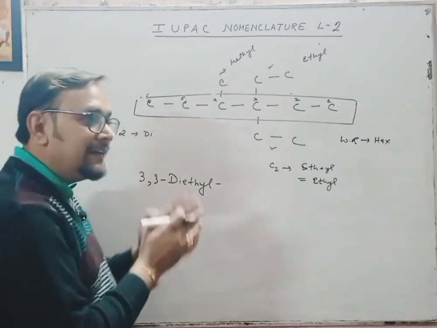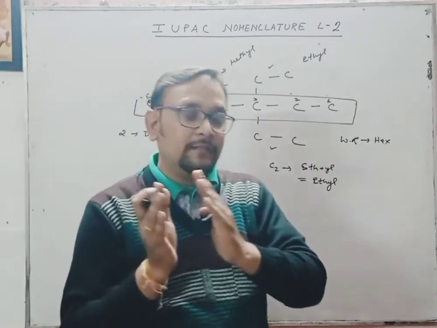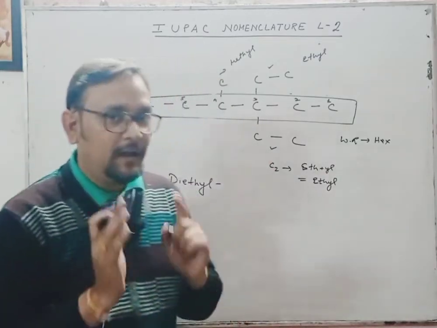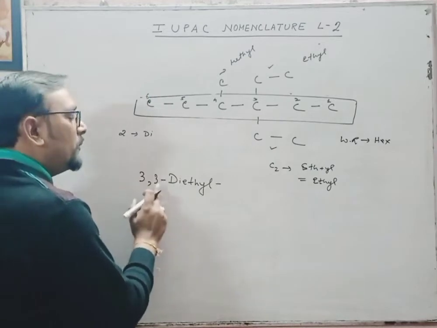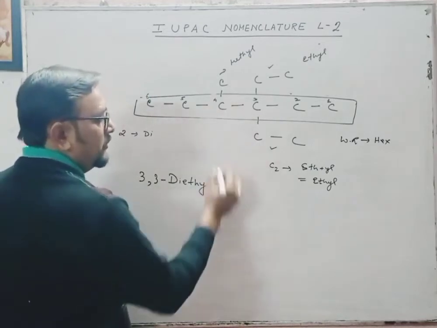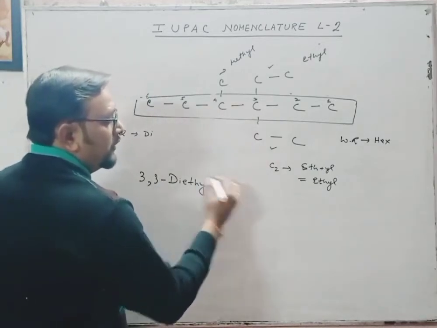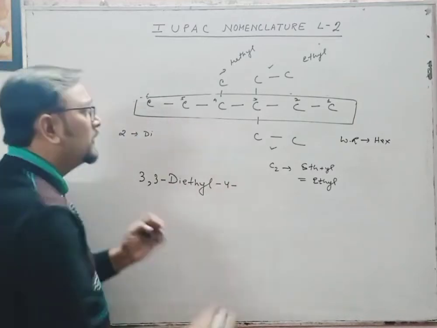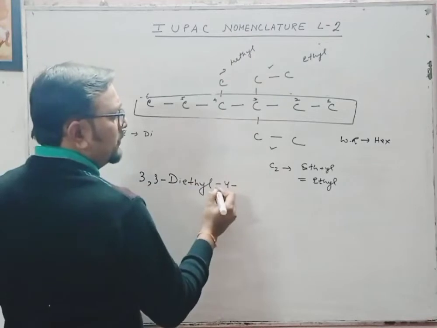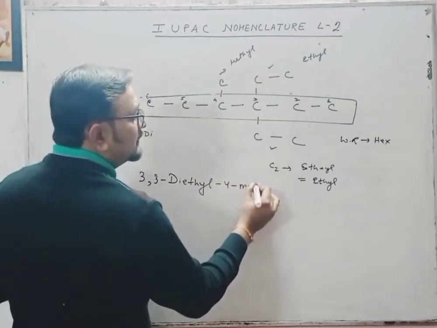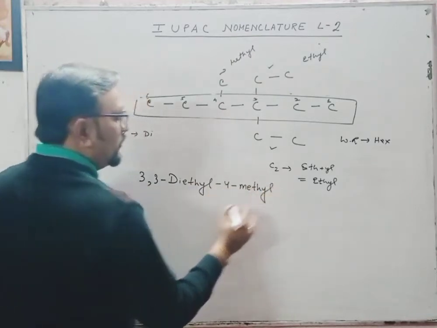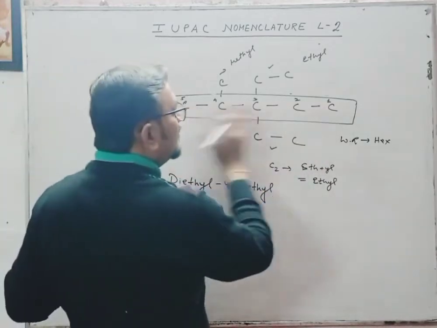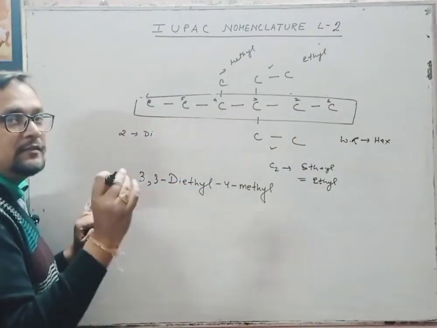Whenever you write number and alphabets, you always separate it with a hyphen. So 3 comma 3 diethyl hyphen 4 hyphen. Again hyphen I will give, because again I am going to write some alphabet. So 4 methyl.